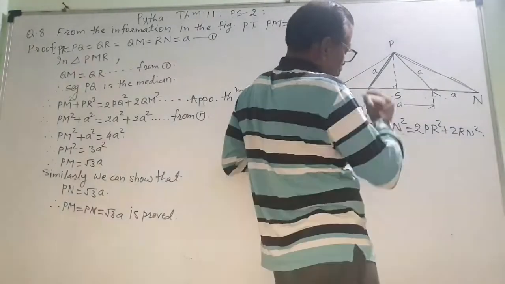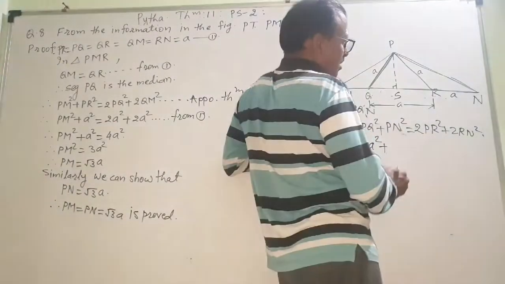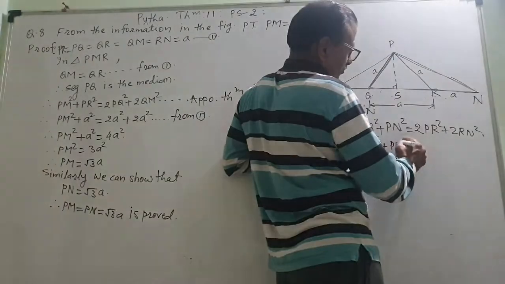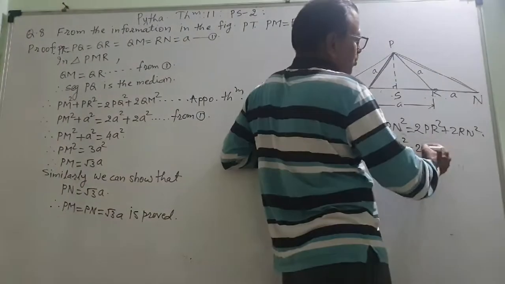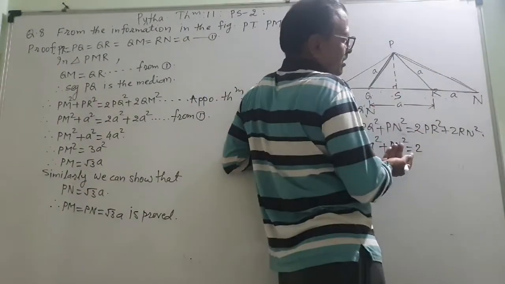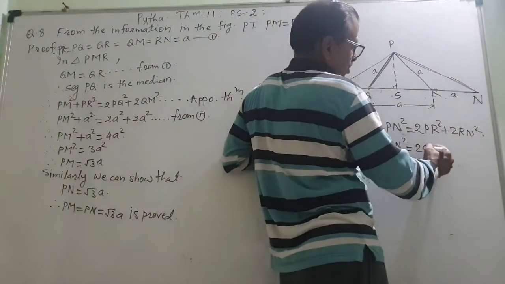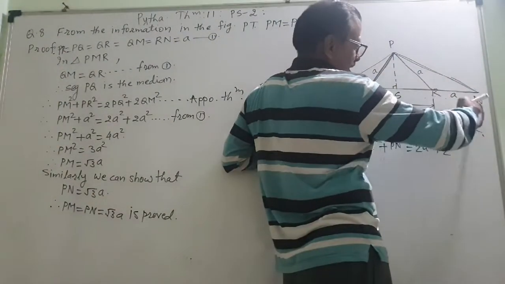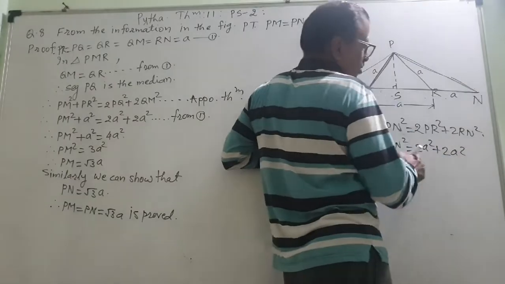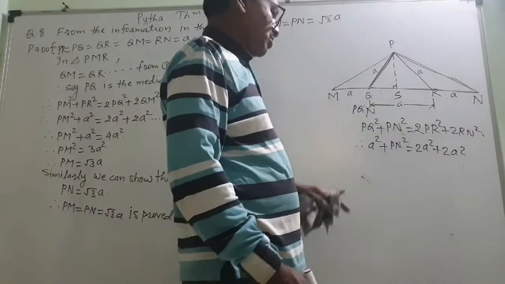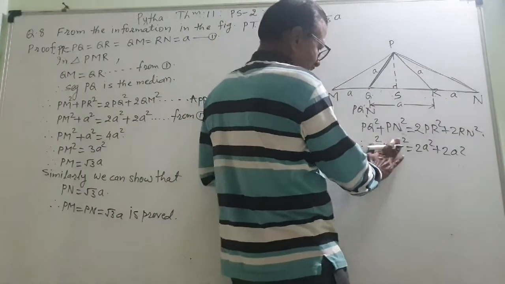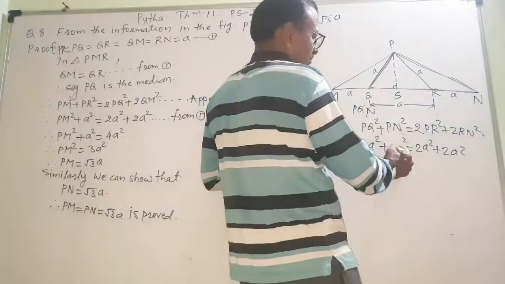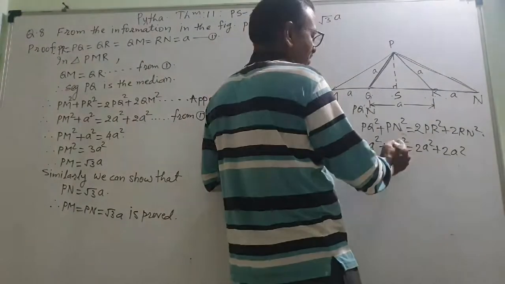Therefore, PQ square is A square, plus PN square is equal to PR. How much is PR? PR is also A, 2A square, plus RN is also A, 2A square. 2A square plus 2A square is 4A square. This is PN square.